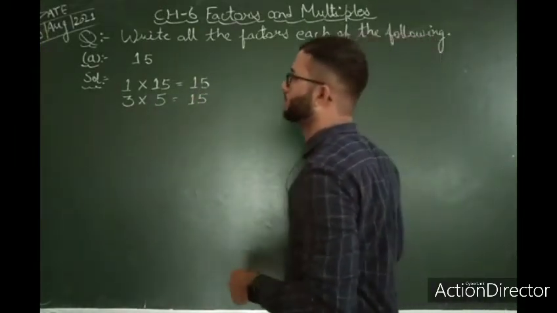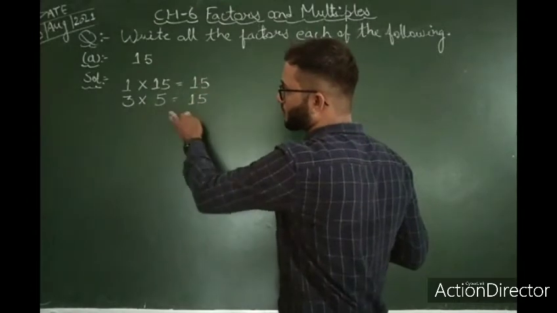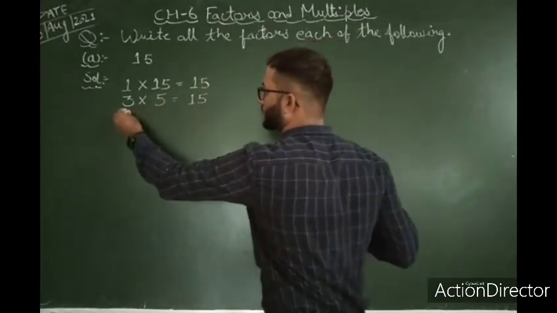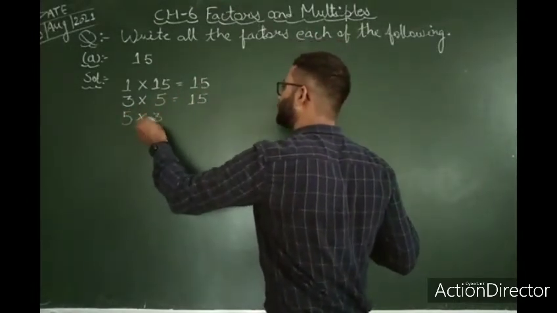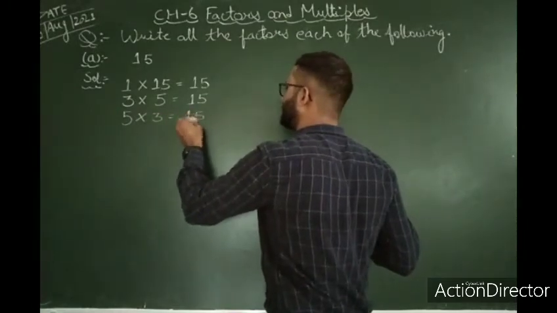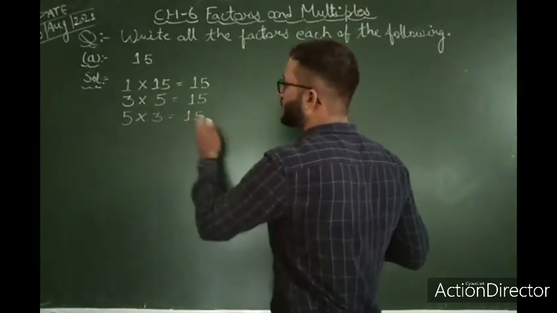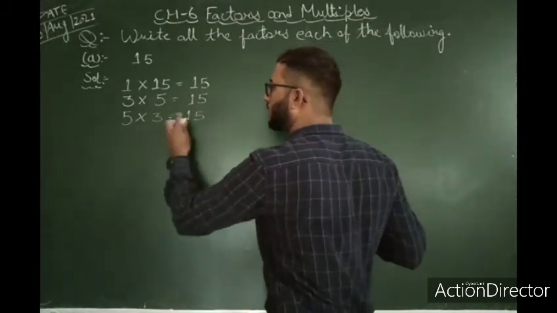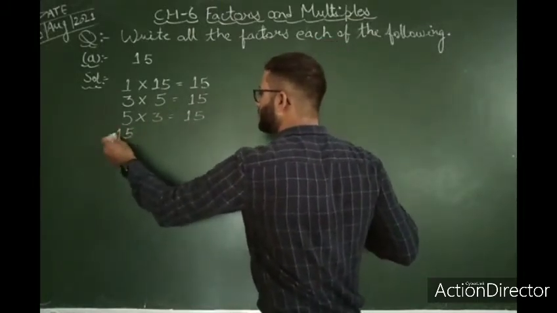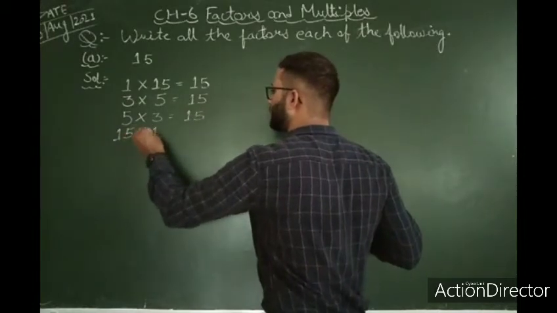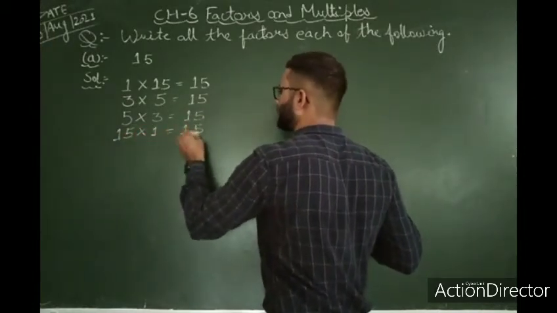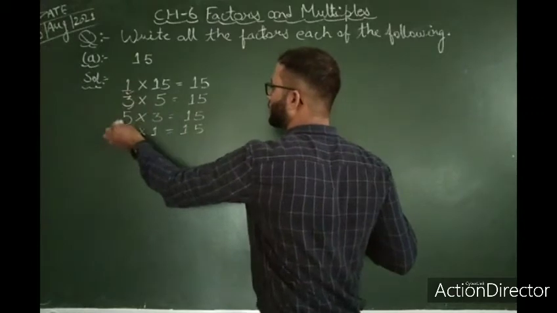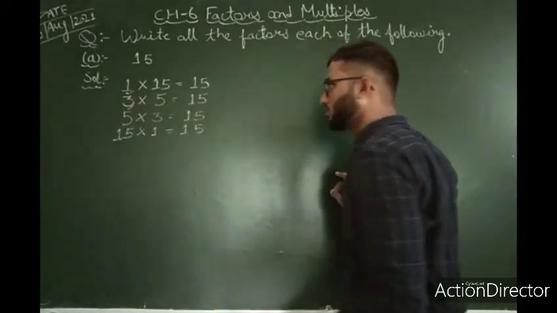Now what about 4? 15 is not divisible by 4. 5? Yes. 5 3s are 15. Now 15 is not divisible by 6, 7, 8, 9, 10. 15 is divisible by only 15 here. 15 ones are 15. So here we get a total of 4 factors of 15 here.